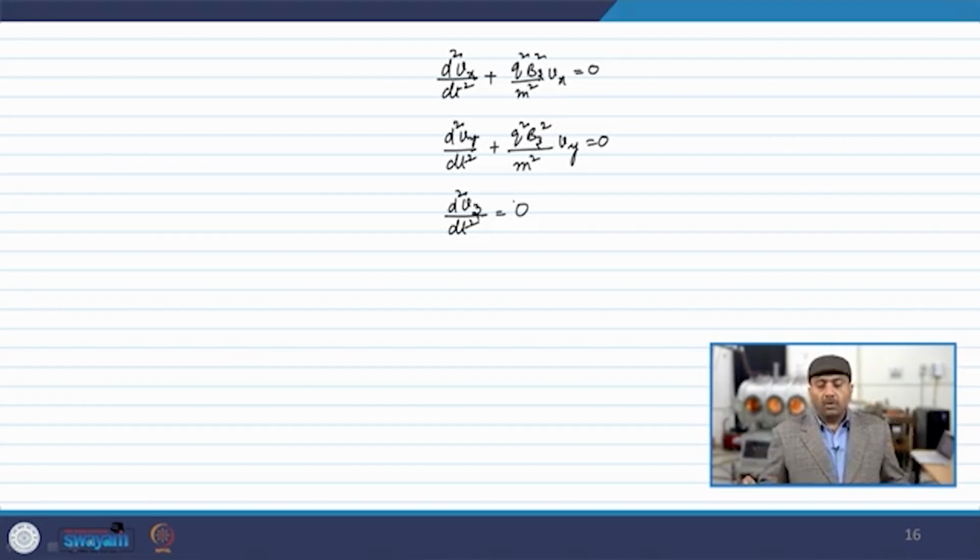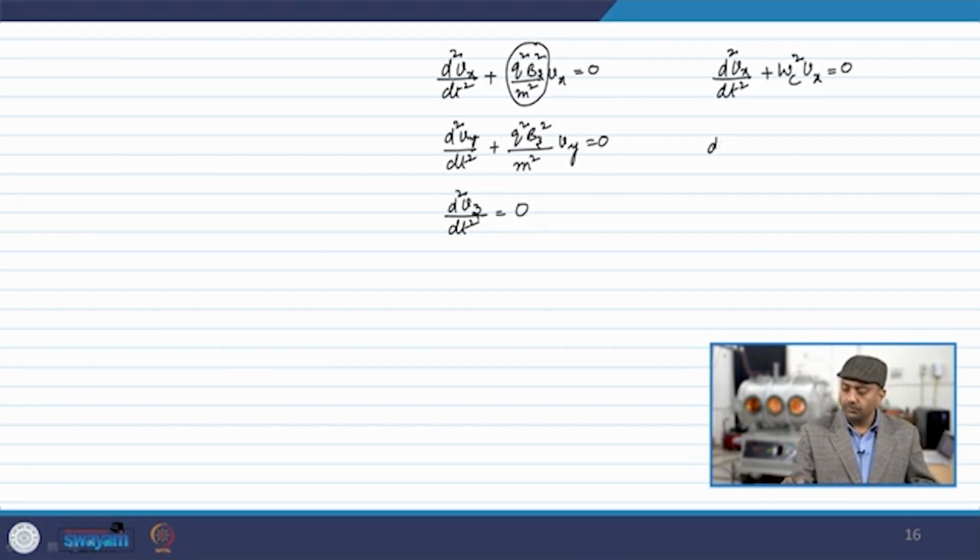Now, in simple harmonic motion, we have seen this type of equation. So, this term that appears here, which is multiplying vx, should be in the units of frequency square: d square vx by dt square plus omega c square vx is equal to 0, d square vy by dt square plus omega c square vy is equal to 0.